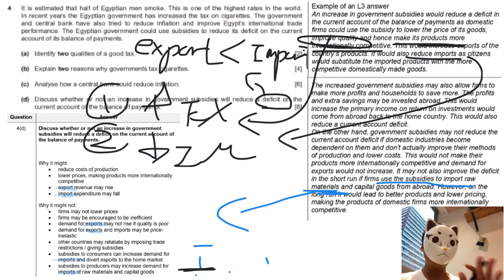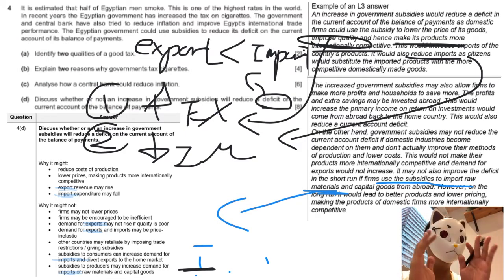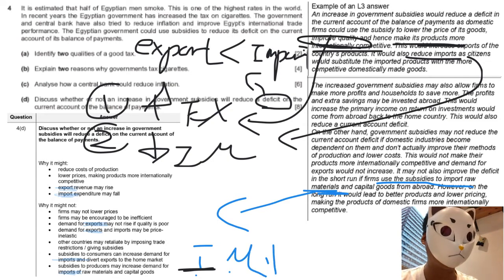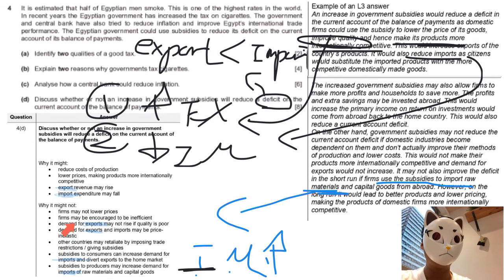So remember that in this type of question regarding current account deficit, we always go to export and import. What a candidate should do is argue the policy, the increase in government subsidies, and how it would affect export and import. There are some terms I would like to highlight. This helps you to do this question.